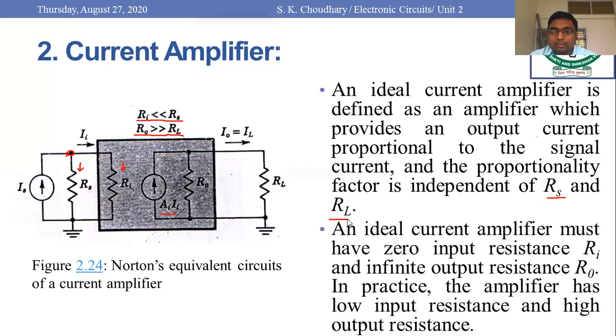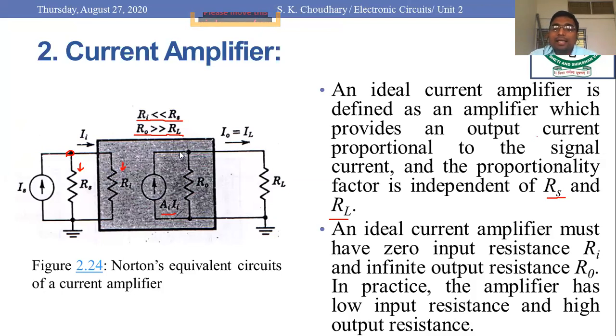Means this output current I0 or IL is proportional to the Ii, and the proportionality factor is independent of Rs and RL. That is actually a current gain AI.